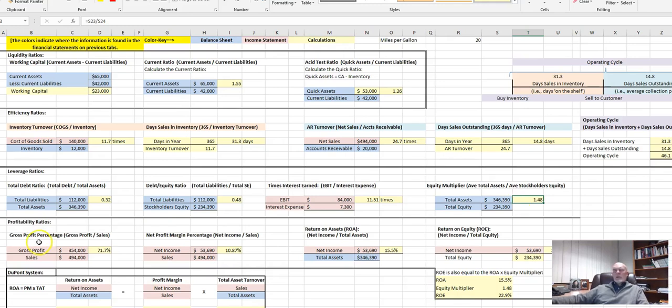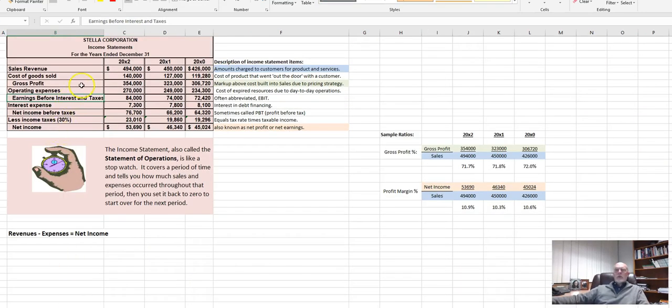Okay, and finally we're down here to profitability ratios. We may want to look at how much profit we have built into the sales price above our cost of goods sold, and that's indicated by the gross profit percentage. Remember, on the income statement, your gross profit is a little subtotal: sales minus cost of goods sold is your gross profit.